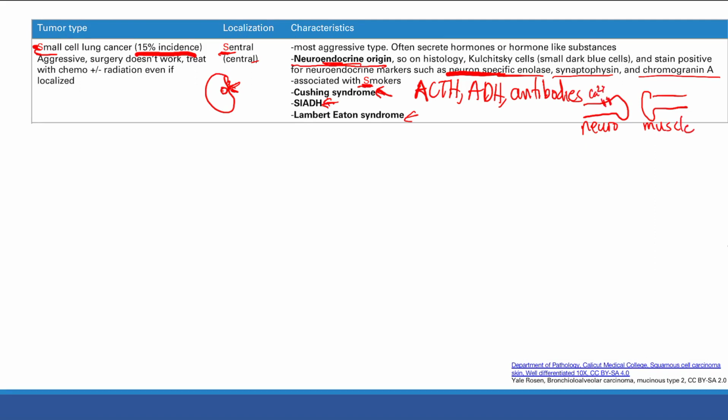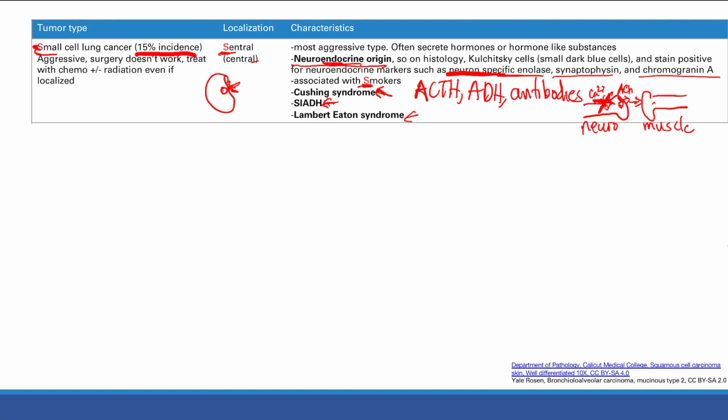Remember that we have calcium 2+ channels here. Normally calcium comes in and it's going to trigger ACh, acetylcholine release. Acetylcholine is going to go to the muscle and trigger muscle contractions. However, in Lambert-Eaton syndrome, you have an autoantibody against these calcium channels. It blocks calcium entrance.